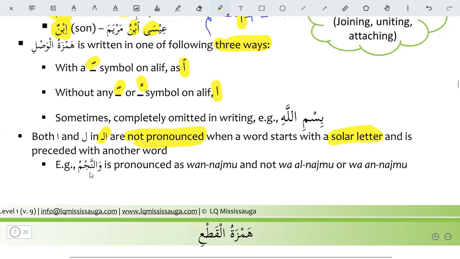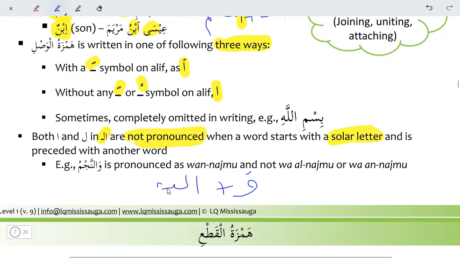This is an najmu. The form here is waw. Waw means and, plus an najmu.